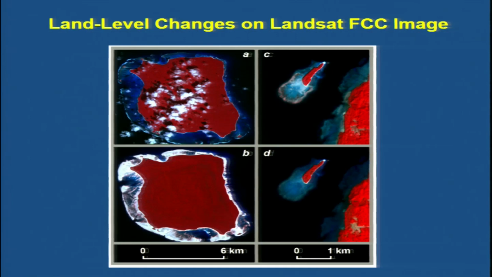This is again the false color composite image of the North Sentinel Island and some other smaller islands. It also shows that it has gained land. These white patches represent the fresh sand or the fresh sandy reef or beaches all along the original area in red color of this island.